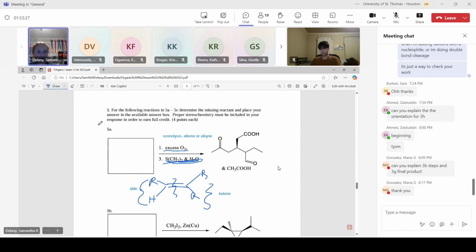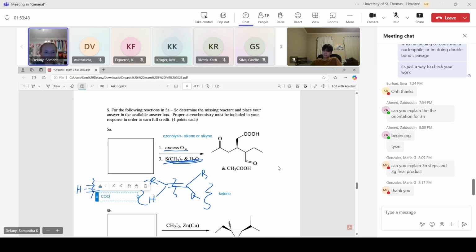So now if I think about what happens if I have an alkyne that I cleave, let's just say it has an R group on one side, and for the sake of it, I'm going to say that on the other side. Okay.